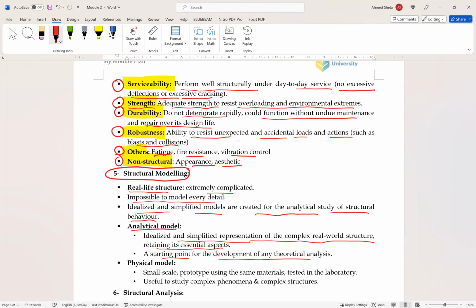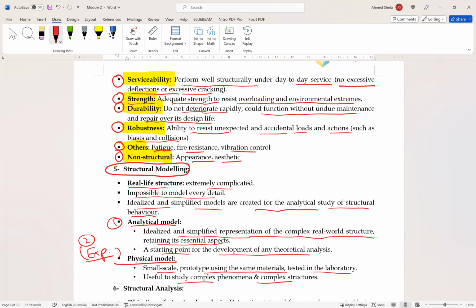So the analytical model is used for theoretical analysis, modeling the loads, the material properties, supports, and so on. The physical model is a small scale prototype using the same material, tested in the lab. So this is an experimental model. So we have an analytical model and an experimental model, useful to study complex phenomena and complex structures.